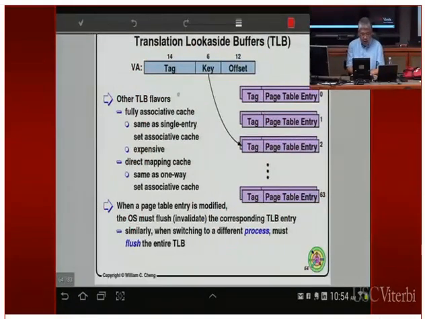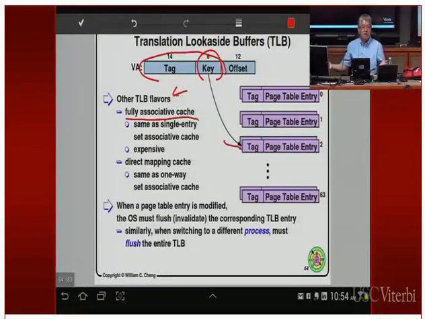Okay, so there are other kinds of translation look-aside buffer organizations. Again, go back to your architecture class. There are different kinds of hardware caches. One is called a fully associative cache. In a fully associative cache, the number of bits in the key is 0, so there's basically one line, and this one line is able to do all the searches in parallel.